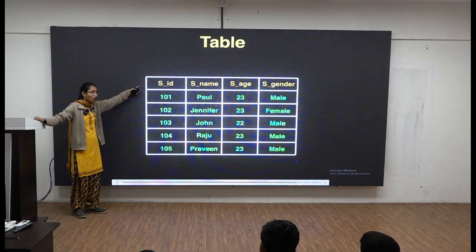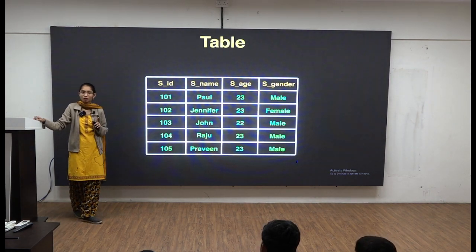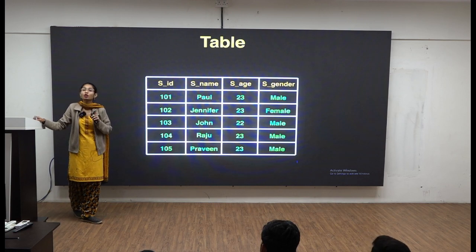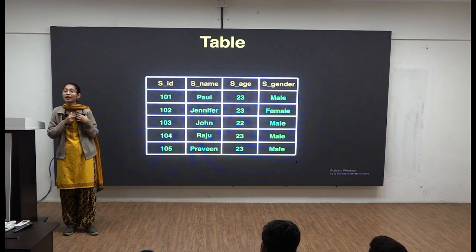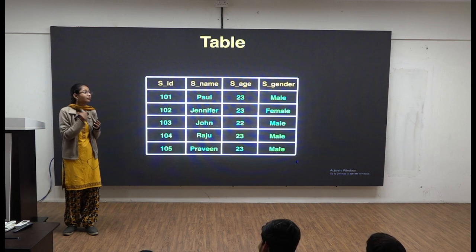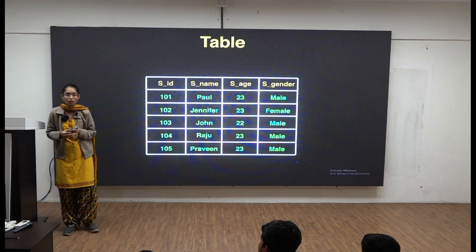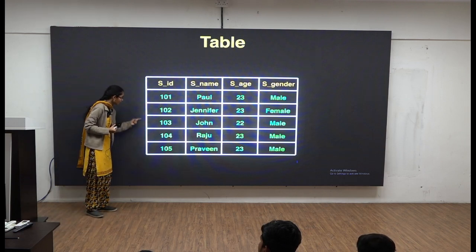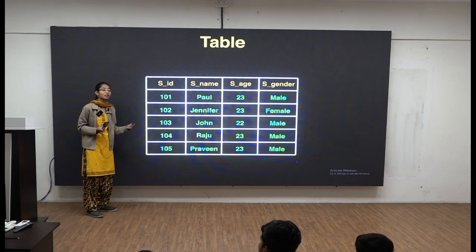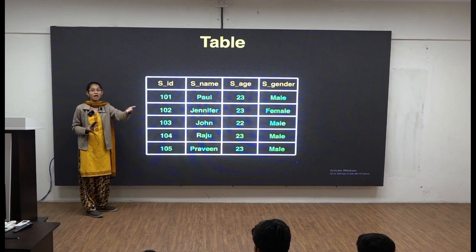If I want to give columns also, I have to start with the table row, because inside that table row only I will have the column names. So all these are represented as table rows. Which tag represents it? TR.